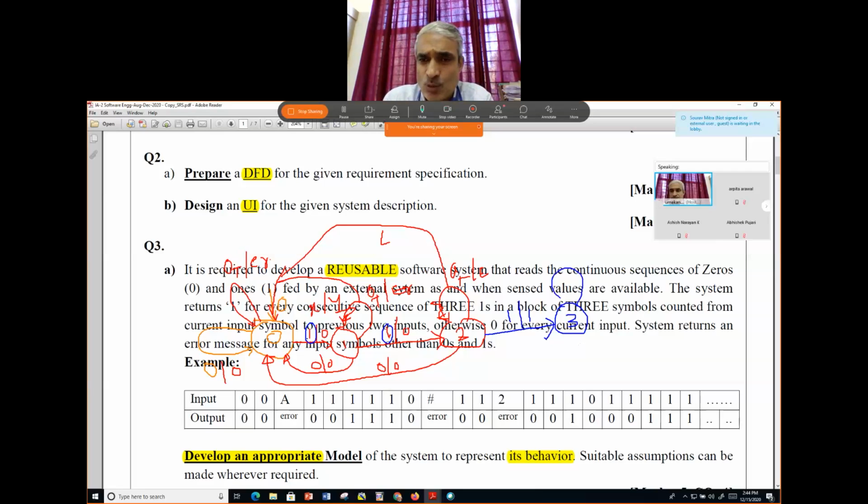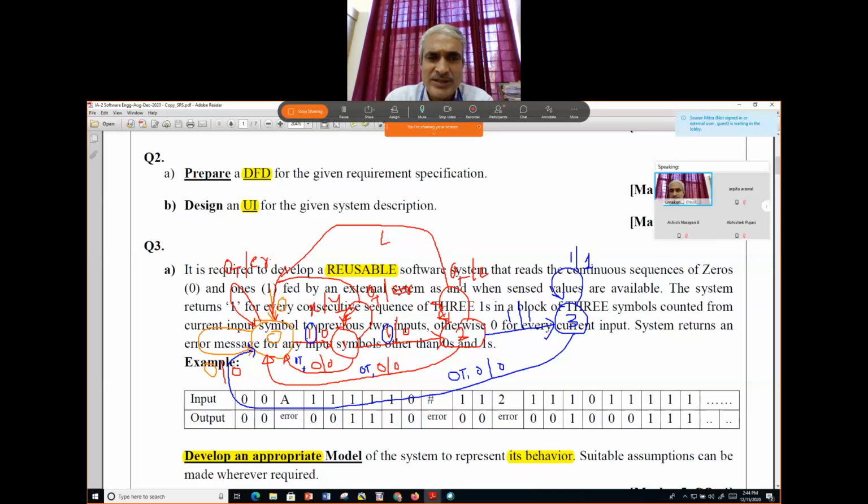If you continuously get 1 here, you display 1 and remain in the same state. The moment you get a 0, the previous pattern is broken and you go back to the 0th state. If you get a 0, you indicate 0, and any other symbol breaks the previous things. You can add this. Similarly here also, for any other thing, you go straight back to the 0th state.